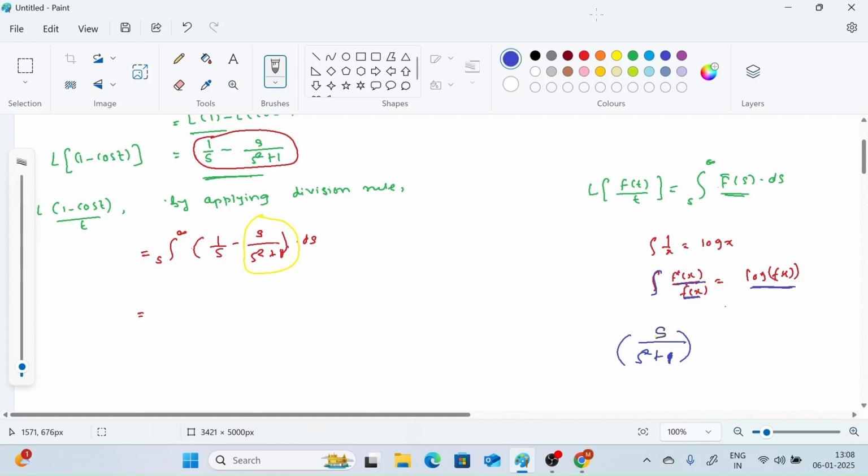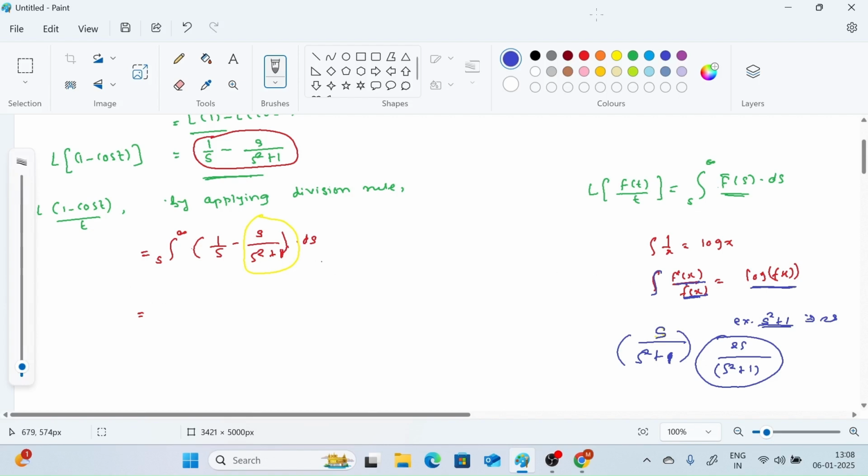Suppose f of x is s square plus 1 at the bottom, and f dash of x, if we differentiate this f of x with respect to x, will be 2s. Whenever we have this kind of integration, we can write directly log of f of x.